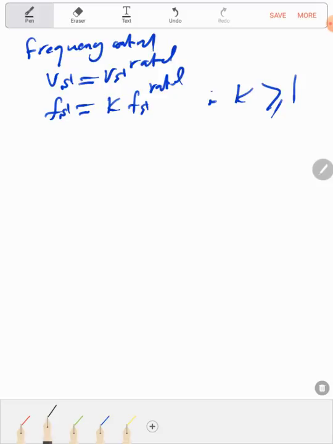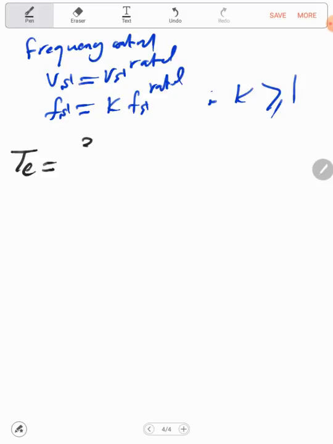So in this case, the torque Te will equal 3 over S K omega S mechanical rated.